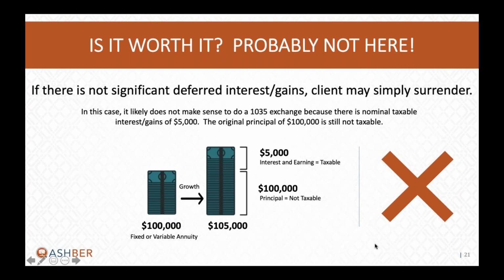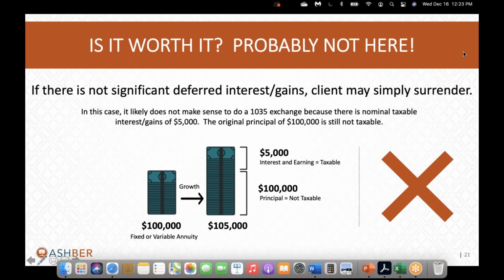Also, I'll mention that with a 1035 exchange, many people believe that if there are existing surrender charges on the current annuity, then by doing a 1035 exchange, you're going to avoid those surrender charges. But that doesn't actually happen unless there is a waiver of surrender charge in the existing annuity policy.